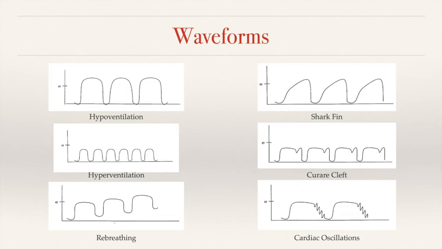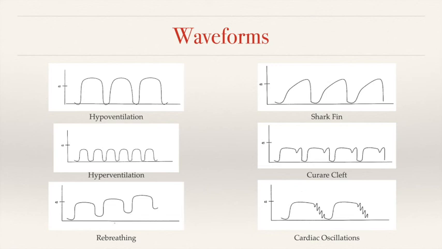So moving on to the top right, we are all familiar with the shark fins. And what's happening here is we're showing you this presentation because the patient is having a prolonged exhalation. So looking back at that rebreathing, you can look at the top of those waveforms, how they're relatively flat. That is exhalation, and that's a normal presentation. That's what the expiratory phase is.